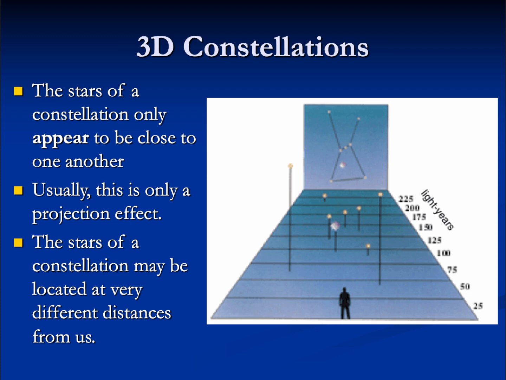A constellation is basically just a bunch of stars that are all in the same general direction. However, it's important to remember that just because two stars look near to one another, they may not be. For example, my parents live just off the same highway I do, but they live almost 2 hours away.